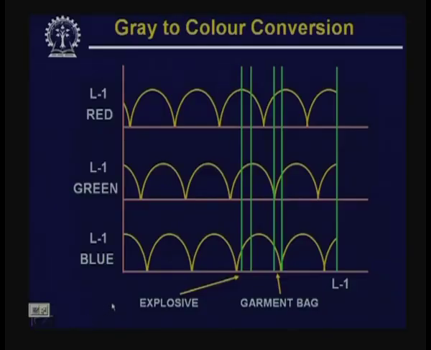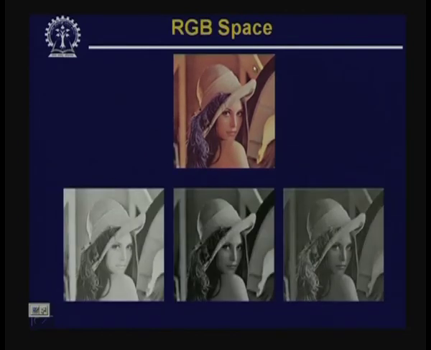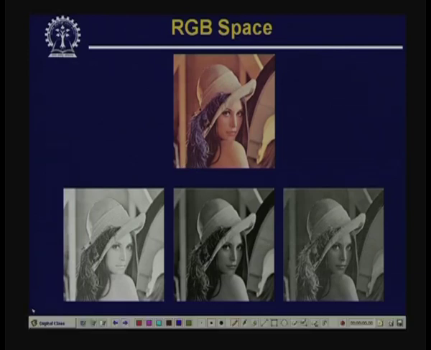Say, for example, if I have a color image given in RGB color space, these are the different color planes of the same image: this is the red color plane, this is the green color plane, and this is the blue color plane.